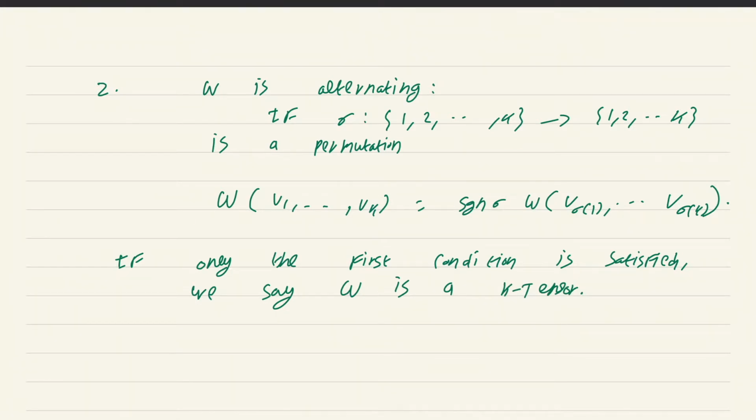Okay, this will be useful terminology. And writing alternating k form is a little bit too much, so we will just abbreviate alternating k form to k form. Okay, it's understood that alternating k form and k form are the same. So we will just drop the adjective alternating whenever possible.